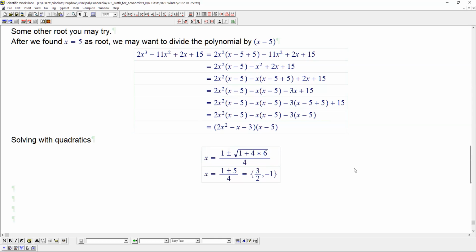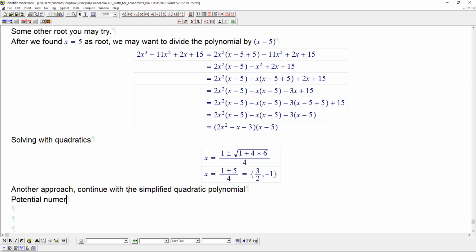Another approach is just continuing with this thing. It still works. It's still a valid way of doing it. Potential: continue with the simplified quadratic polynomial. Potential numerators.